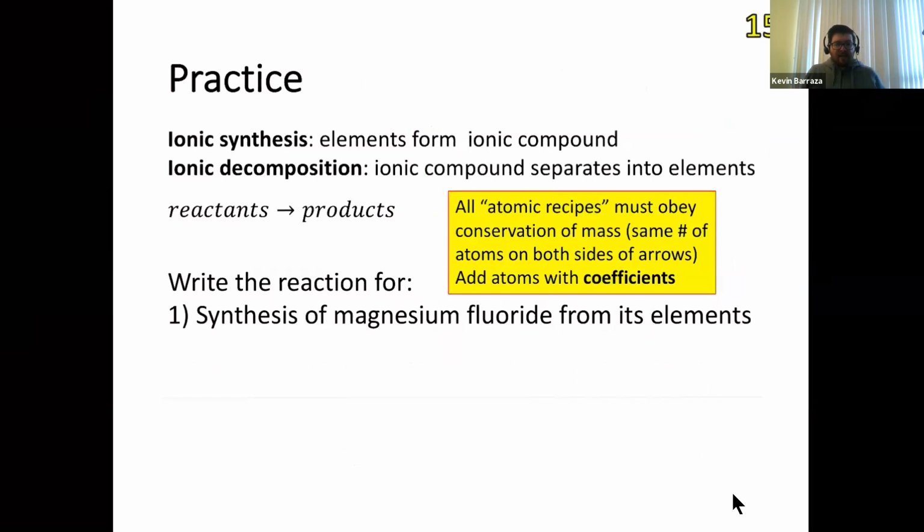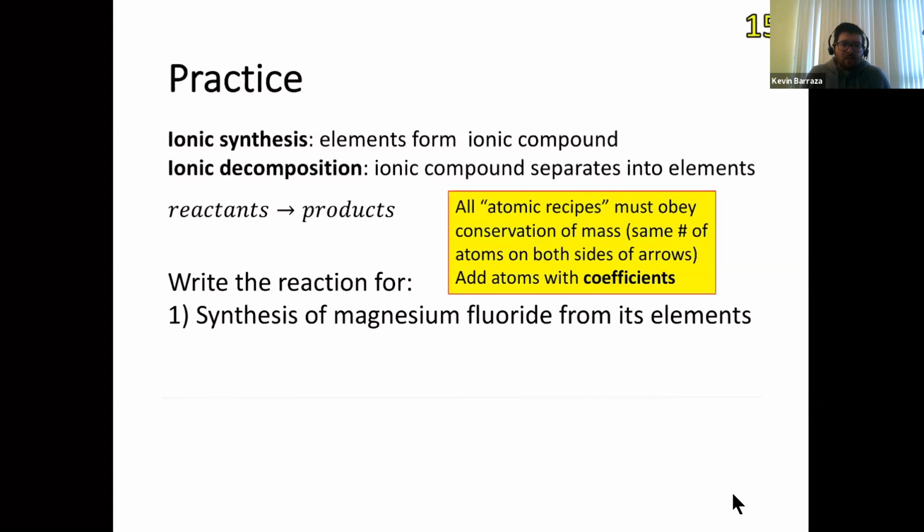We call this ionic synthesis. Synthesis means make. Typically when we're making ionic compounds and doing most of our chemistry, we're doing it at room temperature, typically considered 25 degrees Celsius. Unless otherwise specified, we're going to go with room temperature elements.